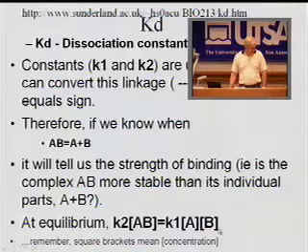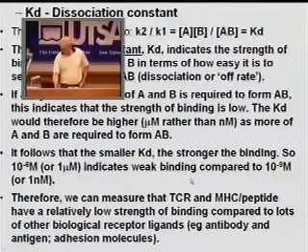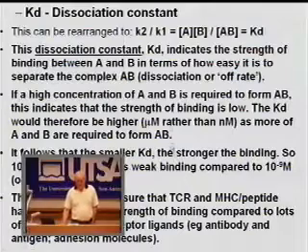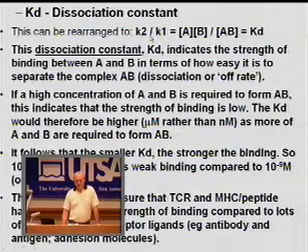Remember that these square brackets mean concentration, so they would be in units of concentration. So the dissociation constant from that approach would be K2 over K1, and this again, immediately you should see the reciprocal association between the two directions when we solve for that algebraically, and that gives the KD. So the 1 over KD is the affinity.